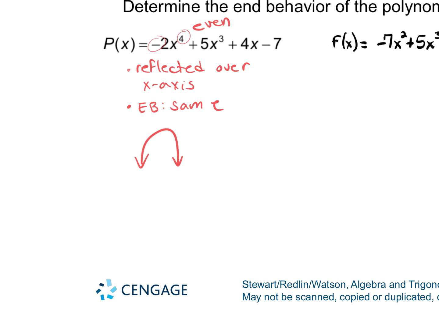So it's going to fall left and fall right. So writing it in the notation we've been doing, as x reaches negative infinity, p of x reaches negative infinity. And as x reaches positive infinity, p of x reaches negative infinity, because it falls left and it falls right, or it's going down, down.